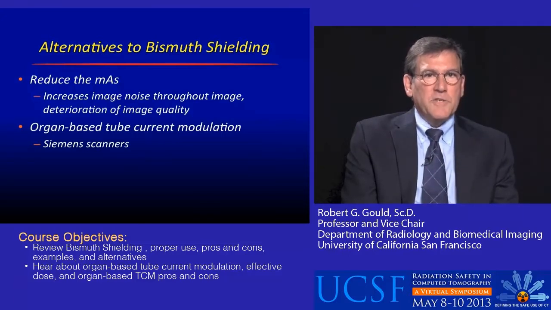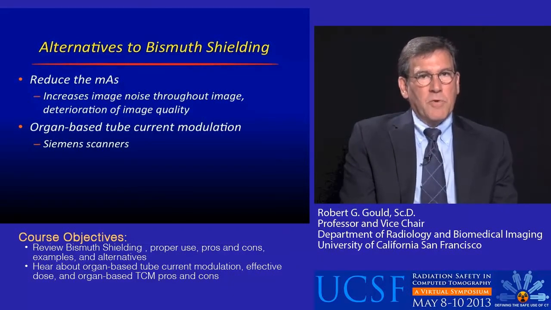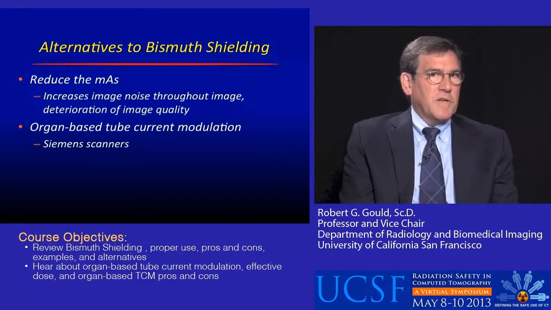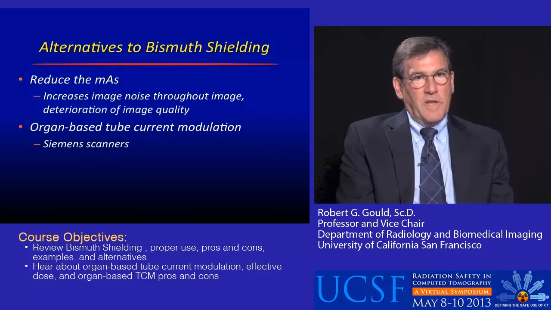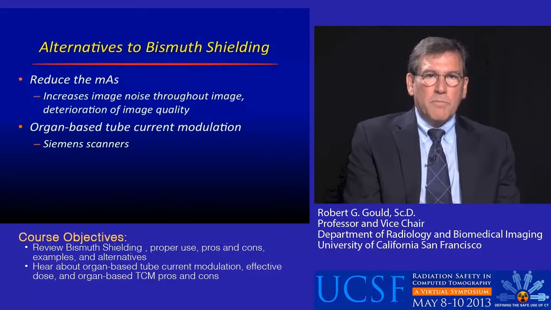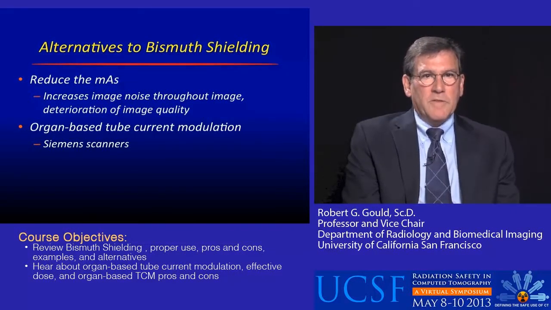So if you really selected your protocol correctly, and if you have set up your auto-mA correctly, I don't really feel this is an option, because now you have an image that's been deteriorated because of the reduced mAs, so a sub-quality image.